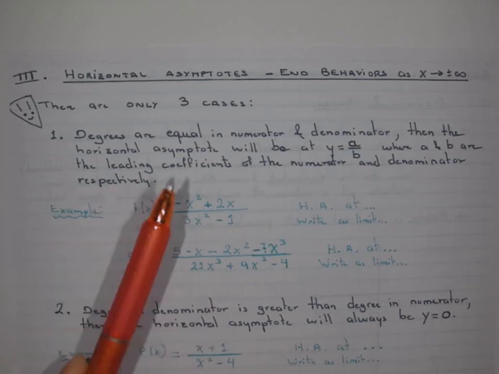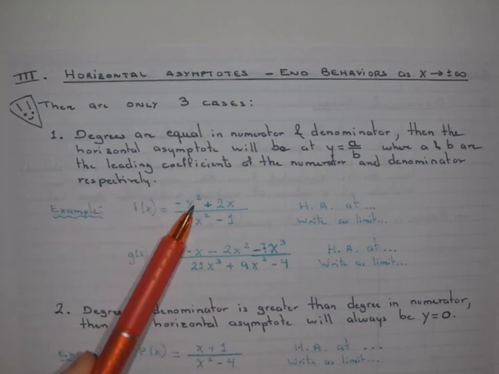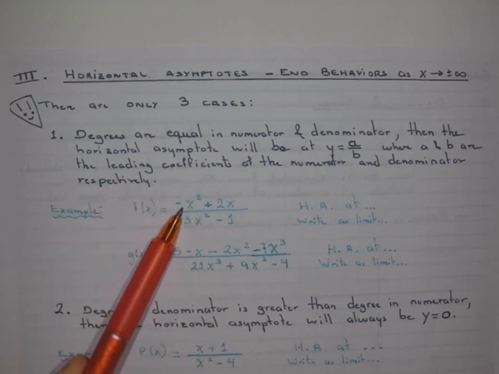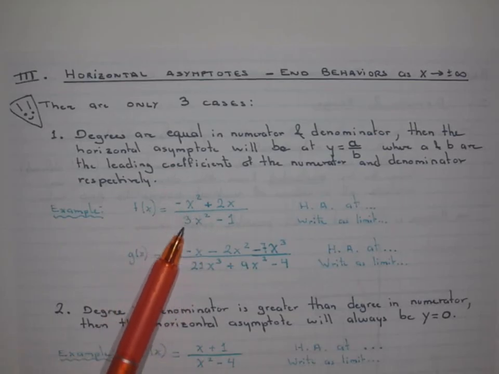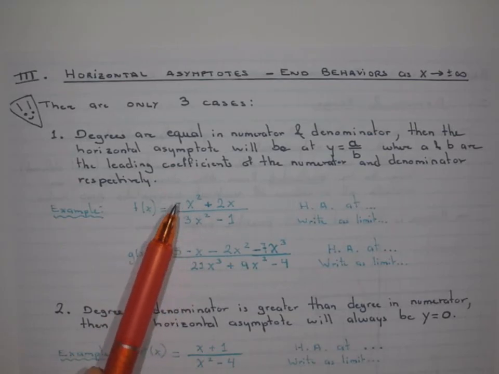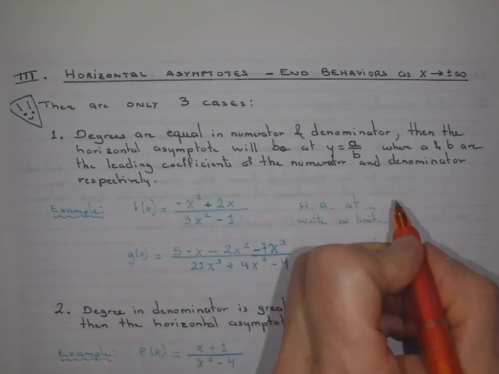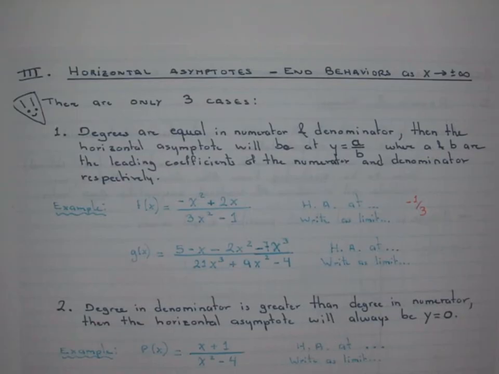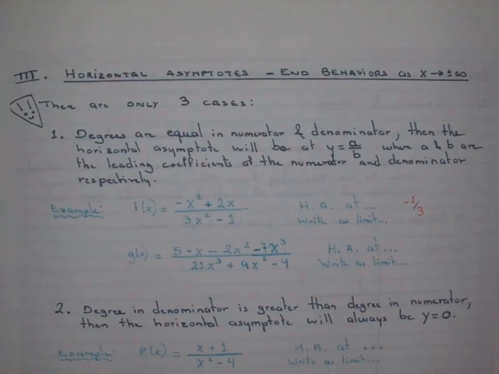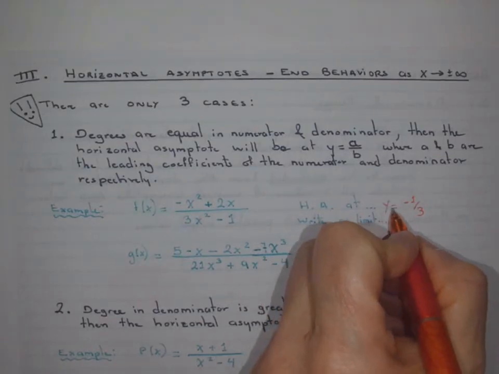So the leading coefficient of the numerator here will be a -1, and the leading coefficient of the denominator here will be a 3. So -1 over 3 will be my horizontal asymptote, and if you write that, you're going to lose points, because a horizontal asymptote is a horizontal line, therefore I need an equation of a line, y equals, right? Don't forget that.